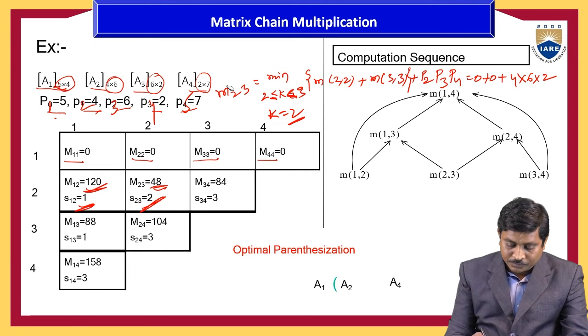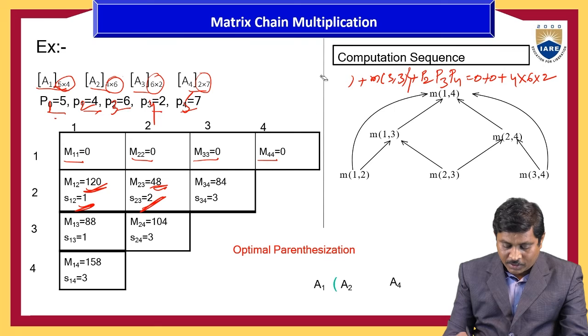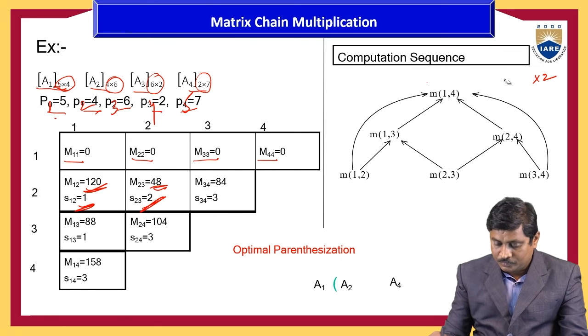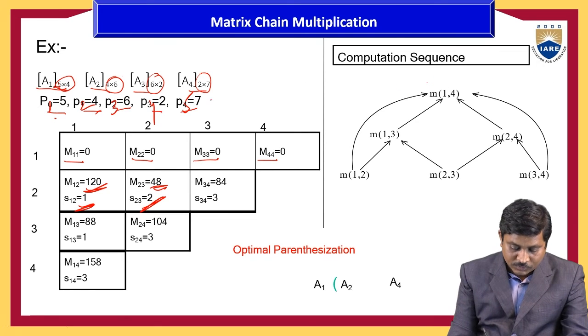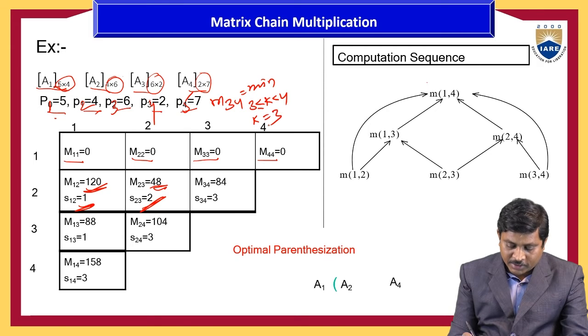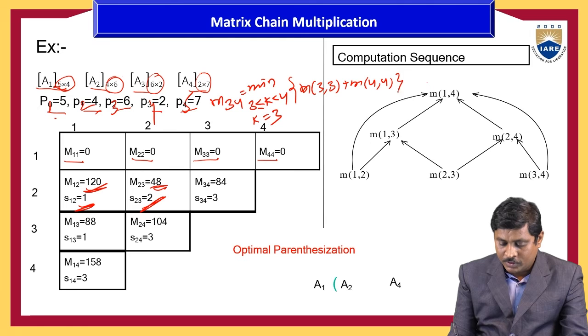Next value is M34. M34 equal to minimum, 3 less than or equal to K less than 4. K equal to 3 compulsorily. M of I value 3, K value 3, plus M of K plus 1 is 4, J value 4.